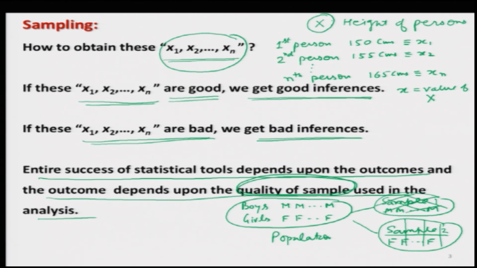And how should we ensure the quality of the sample? How should I draw the sample such that it indicates all intrinsic properties of the population, and all our statistical tools, when applied over the data, give us the correct statistical outcome?